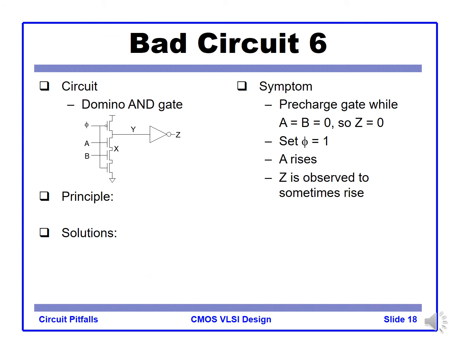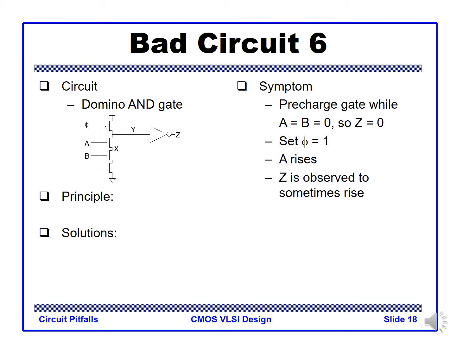Another bad circuit example shown here is a domino AND gate. The symptom is we precharge the gate while A and B are all 0, so the output G is 0. In that case, we set the clock to high.